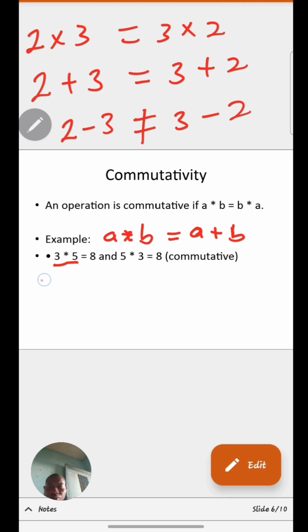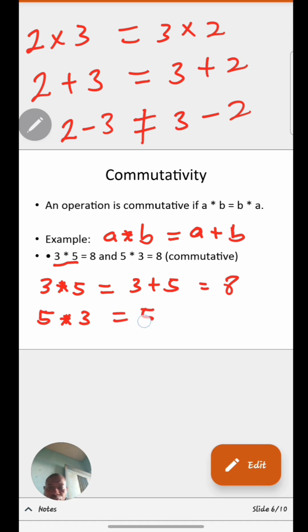So when we now have 3 operation 5, it will give us 3 plus 5, which is equal to 8. Now, 5 operation 3 is also equal to 5 plus 3, which is equal to 8.